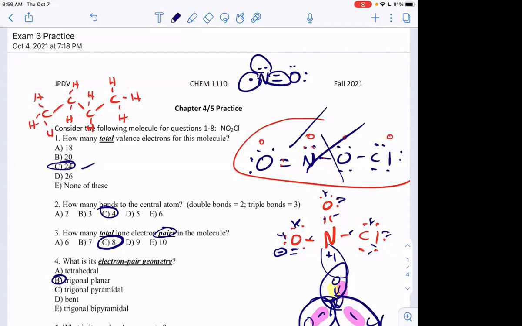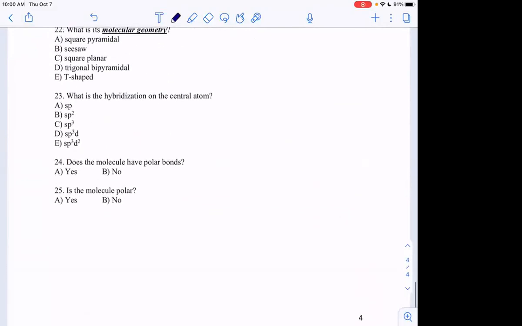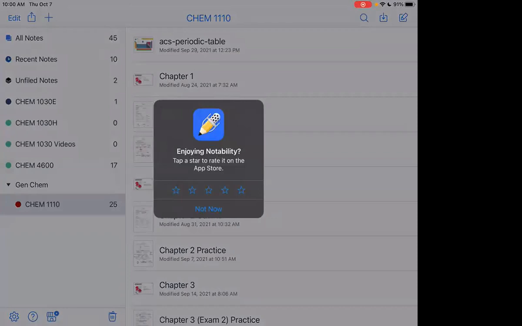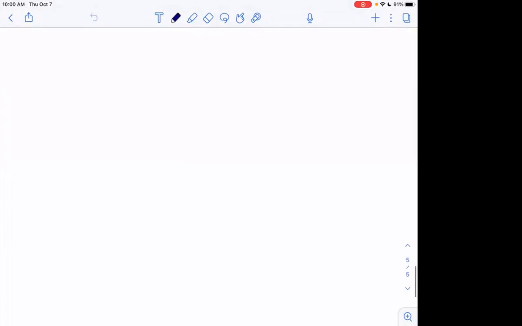I can't think of an example right now off the top of my head. So I just use that to say that if it's chlorine dioxide, 19. Let's try this one. 17 electrons, right?